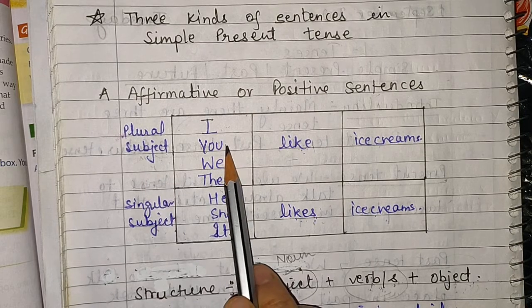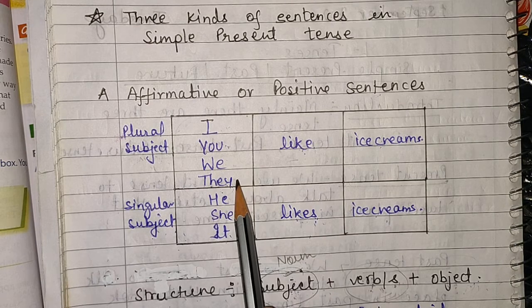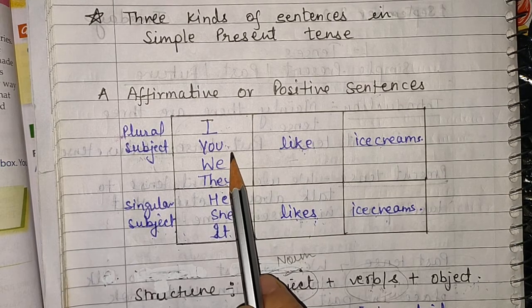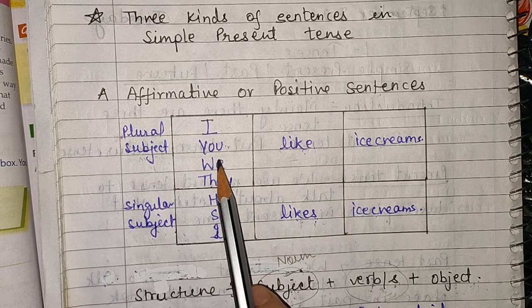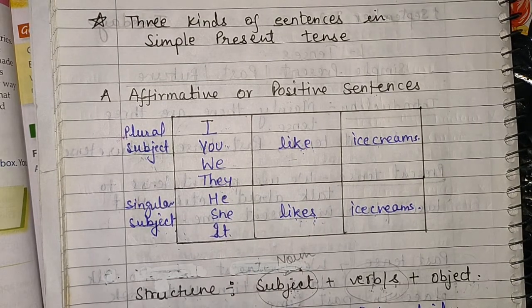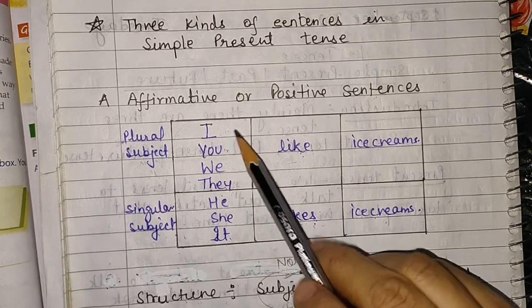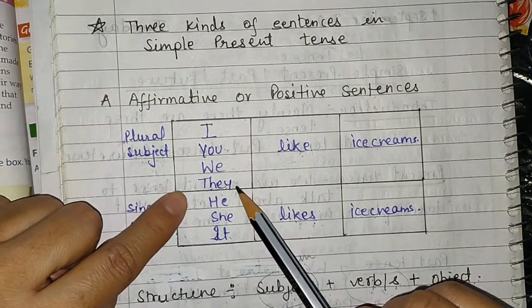You can also keep any person name here, like Ram, Sita, and if you want to take plural nouns, you can take children, tables, trees, buildings, rivers, students, teachers. These are all nouns in plural form. But here for example I have written the pronouns.